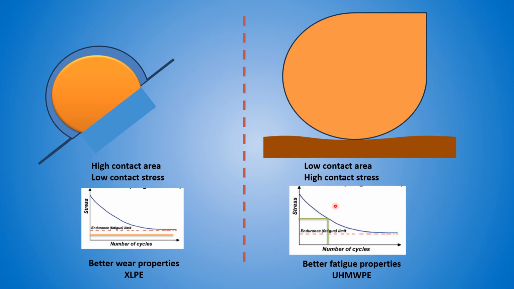So you have a high contact stress, which means that if they ask you which type of polyethylene you will choose in case of total knee, you will go for the polyethylene manufactured with better fatigue properties, which is the ultra high molecular weight polyethylene, which is fatigue resistant, while in the hip you are going to use the highly cross-linked polyethylene, which has better wear properties.